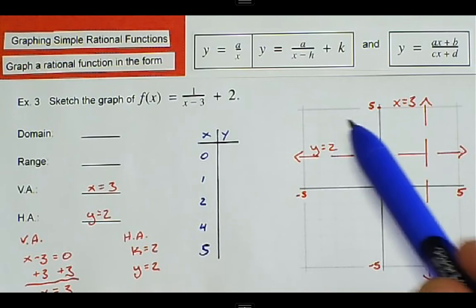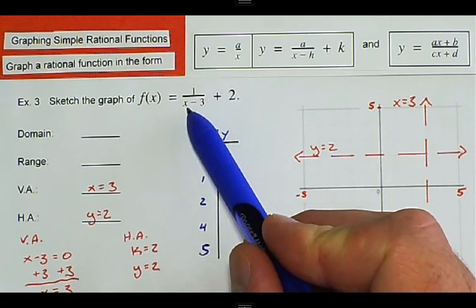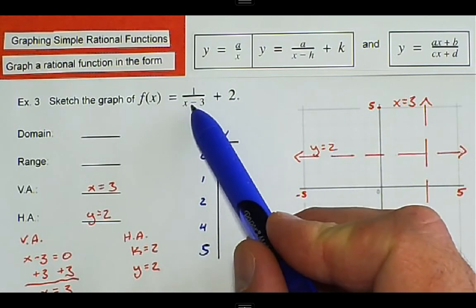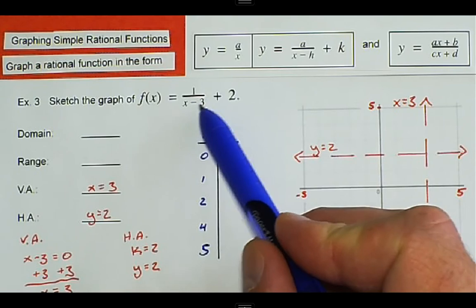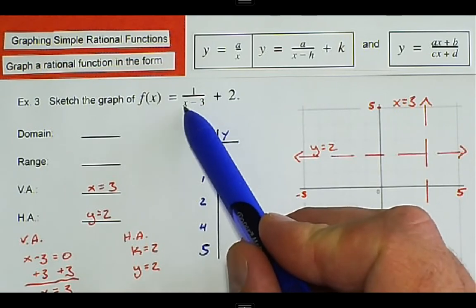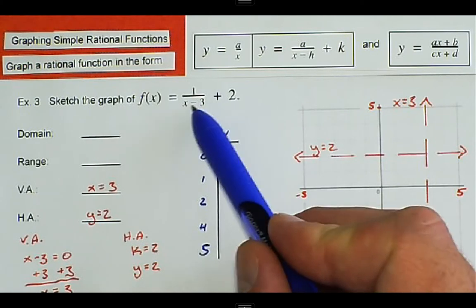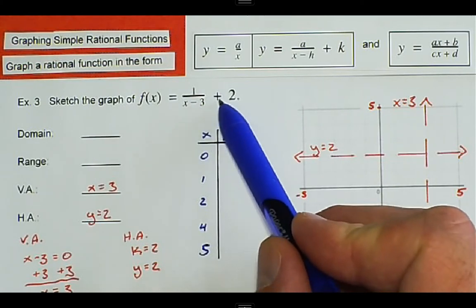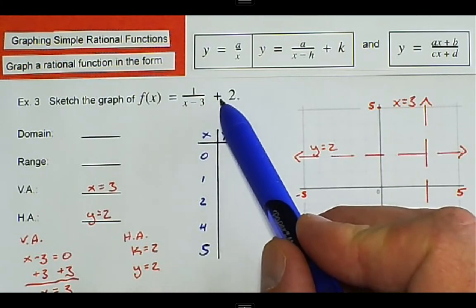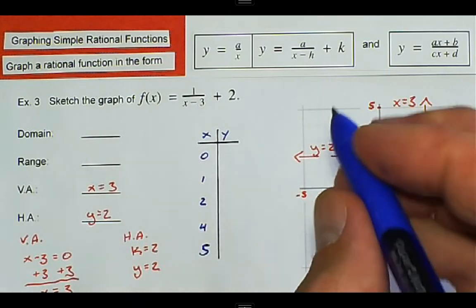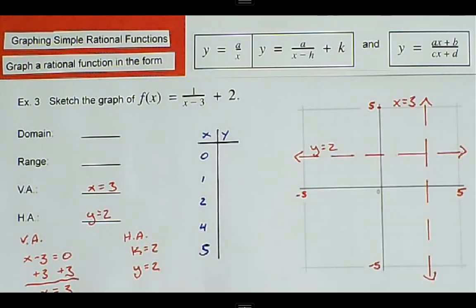So if we substitute in 0, 0 minus 3 is negative 3. So negative 1/3 plus 2 is 1 2/3.